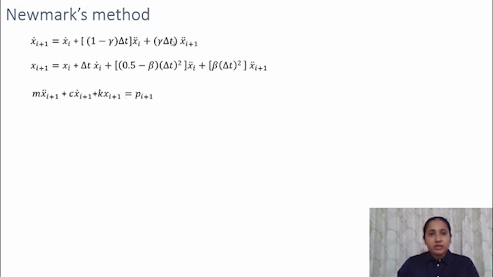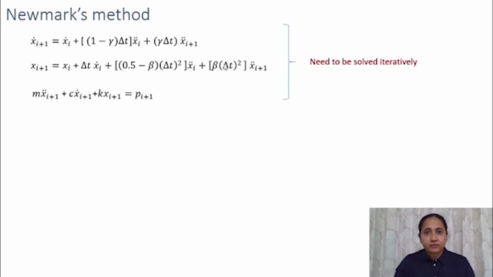So we cannot calculate the value of acceleration explicitly. So we need to solve these equations iteratively. These three equations can be solved iteratively, and the values for displacement, velocity, and acceleration at a time instant can be found.